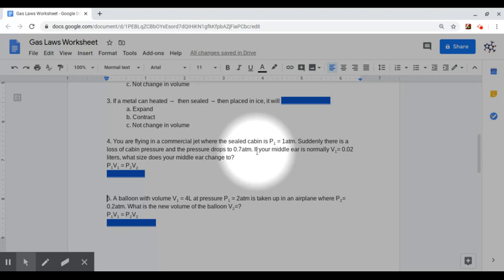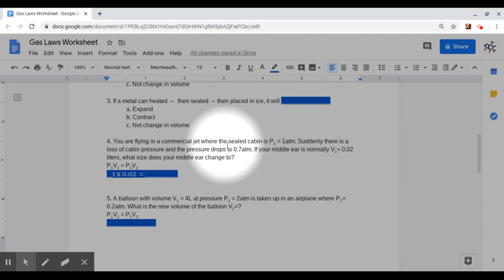All you have to do is go P1. P1 is 1, so that's 1 atmosphere, times volume 1. The volume normally, V1, is 0.02. And that's going to equal the new pressure, P2.